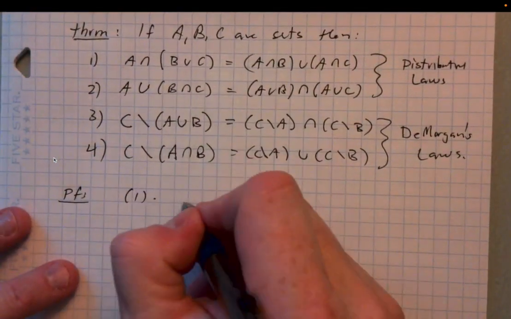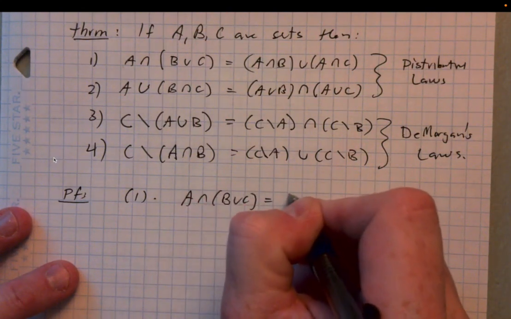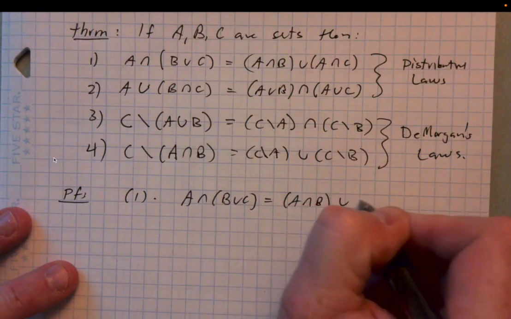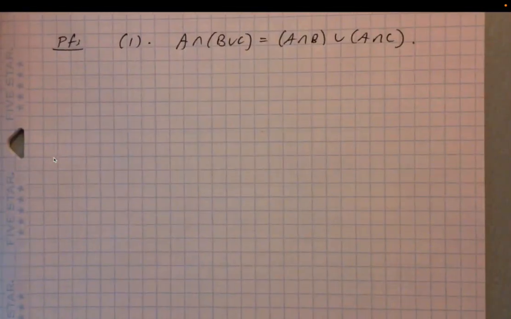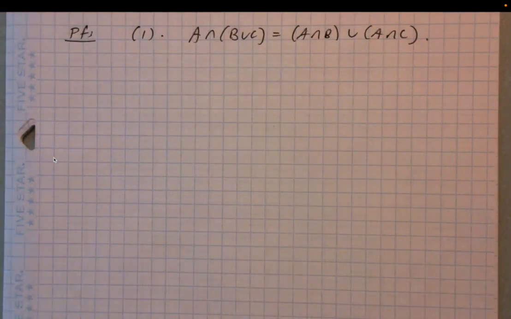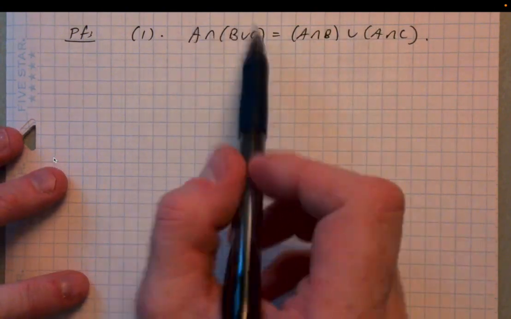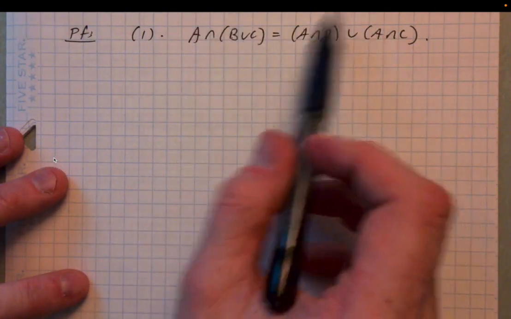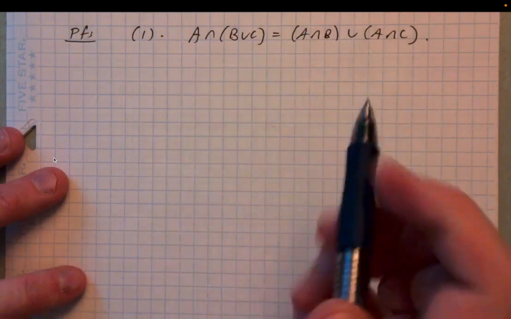For this, we want to show that A and B or C is equal to A and B or A and C. The goal here is to prove it, but also to illustrate the method of proof that we'll be using whenever we have to prove something in a set theoretic way. Remember, to show that two sets are equal, we have to show that the left-hand side is a subset of the right-hand side, and the right-hand side is a subset of the left-hand side.